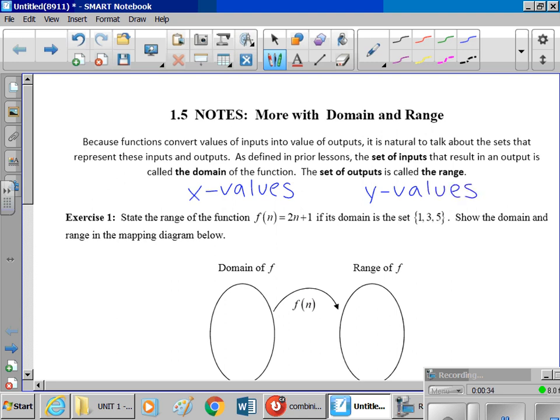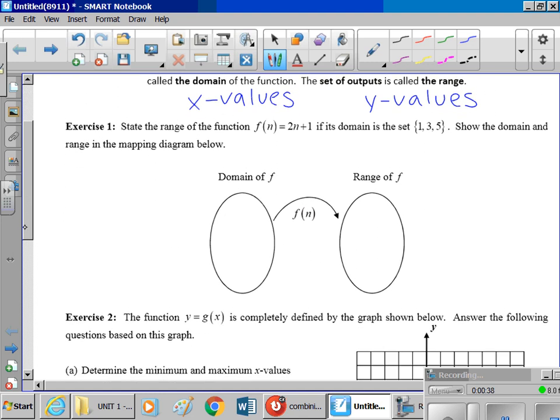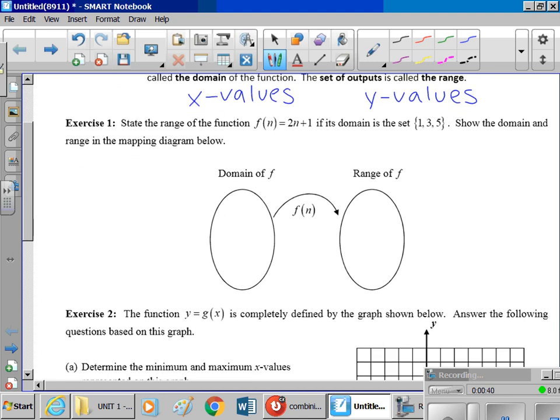In exercise 1, state the range of the function f of n equals 2n plus 1 if its domain is the set of 1, 3, and 5. Show the domain and range in the mapping diagram below.